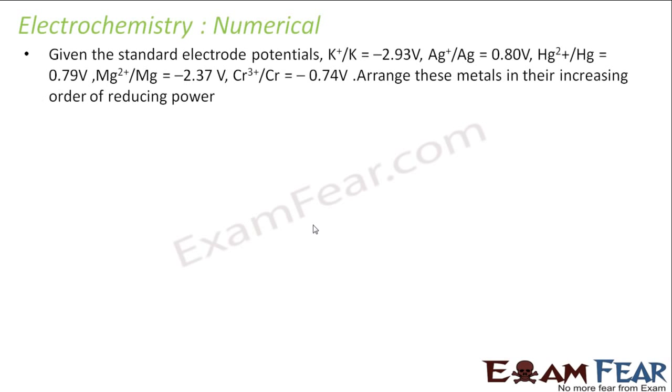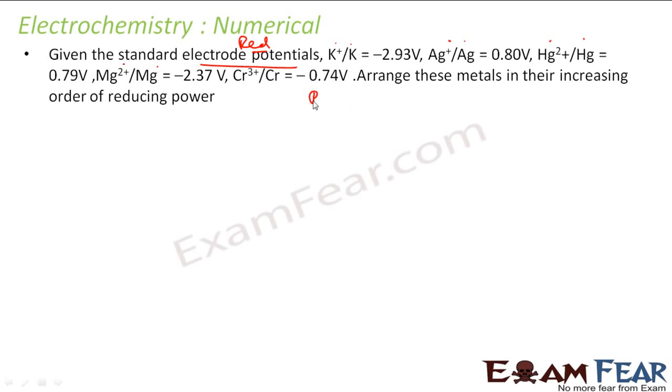Let's take another numerical. It has been given that standard electrode potential, that is nothing but standard reduction potential. See, K+ to K reduction, Ag+ to Ag reduction, Hg2+ to Hg reduction, Mg2+ to Mg reduction, and Cr3+ to Cr reduction. We have to arrange these metals in increasing order of their reducing power. Right?